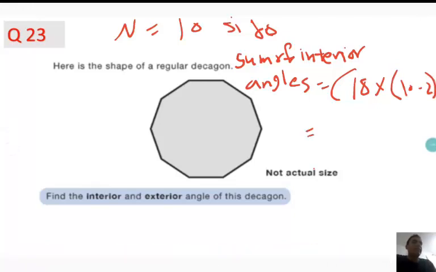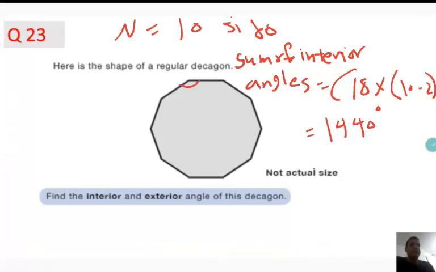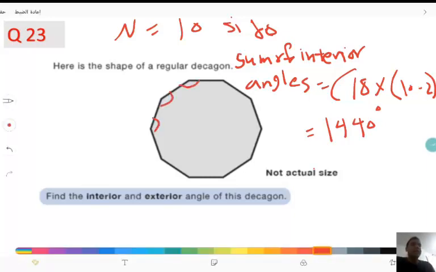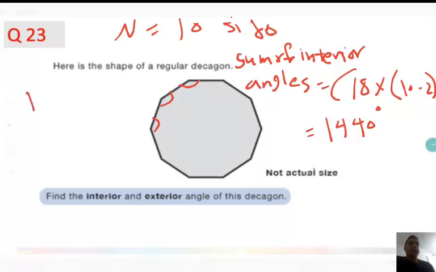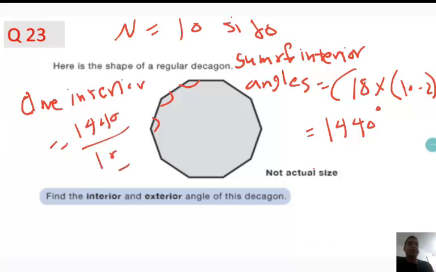So the sum of the interior angles is 1440 degree. Then divided by 10 interior angles to find each one. So one interior angle equals 1440 divided by 10, which is 144 degree.